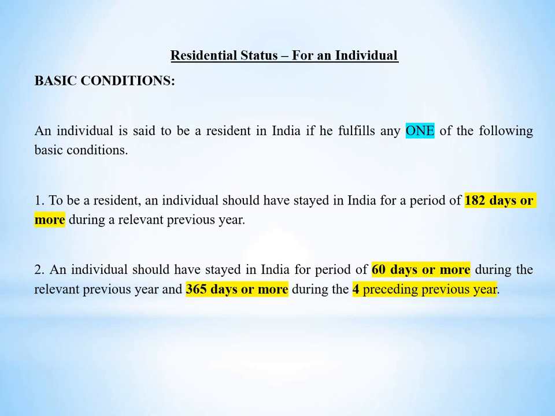In the first basic condition, we had only one category: 182 days or more during the previous year. In the second basic condition, there are 2 parts: 60 days or more during the previous year and 365 days or more during the 4 preceding previous years.